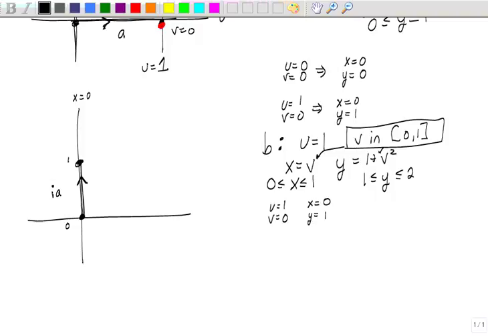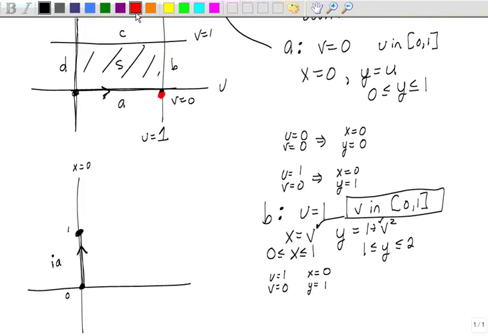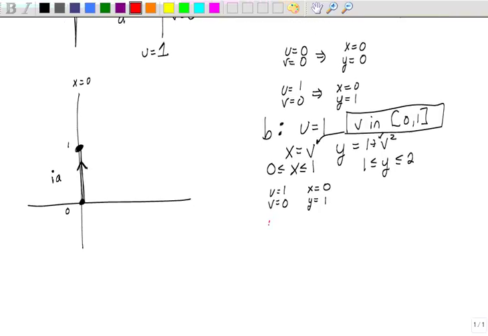So we're going to start it out here, okay, and then as we travel up on B, we're going to get to this point, which is 1, 2. So when u equals 1, v equals 1, we get x equal 1, y equal 2. And we're traveling along a parabola, so we're going to go that way. So that's IB.